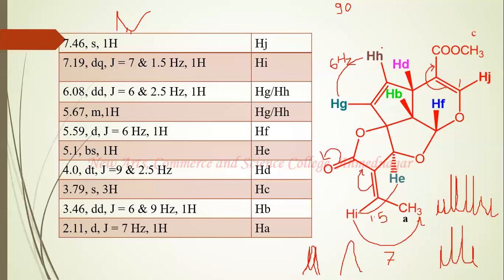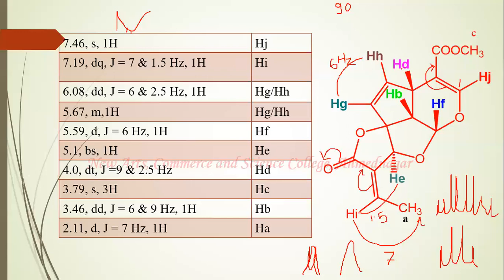D will couple with H proton again by vicinal coupling, but due to the dihedral angle it can show 2.5 Hertz coupling constant value, and if you remember, the 90-degree dihedral angle increases the allylic coupling constant value, so it can be up to 2.5 Hertz. So the D proton can give me a doublet of a triplet.